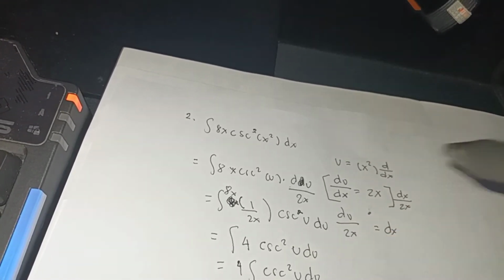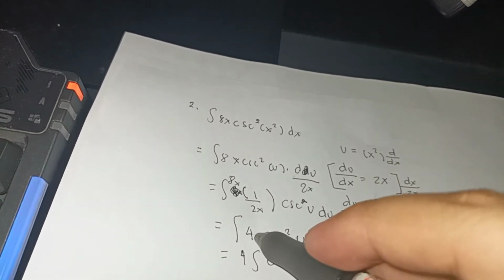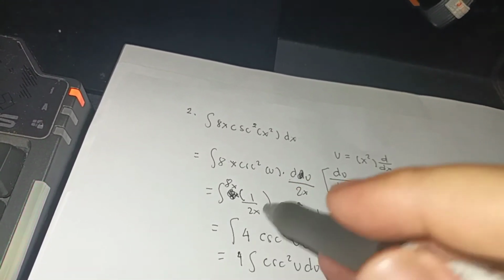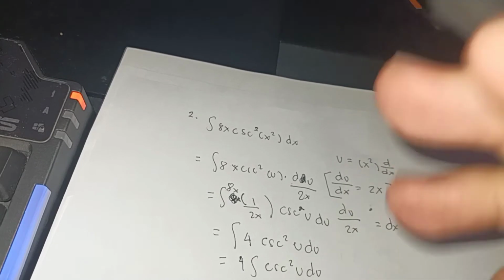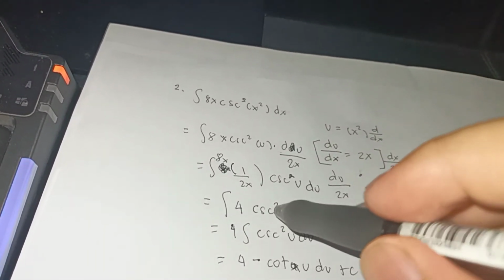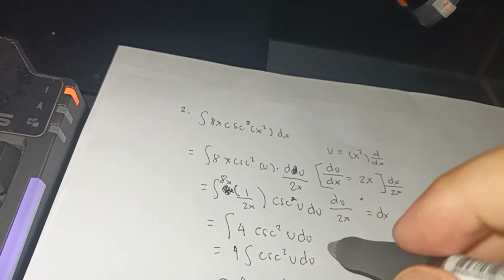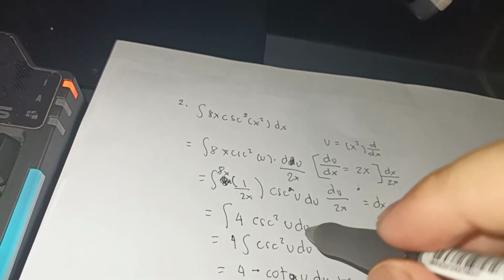cosecant squared u du. After that, since it's a constant, we separate it: it's 4 times the integral of cosecant squared u du.